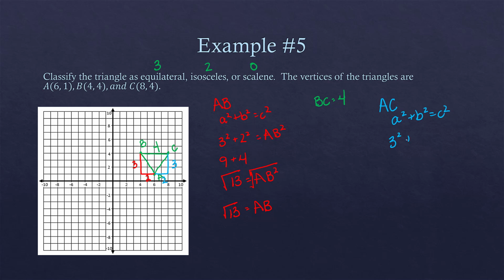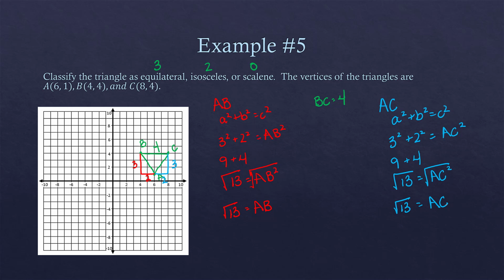So 3 squared plus 2 squared equals AC squared. And that's 9 and 4 when you square those values. So 13 equals AC squared. We need to undo this square, so we're going to take the square root and we find that AC is the square root of 13.